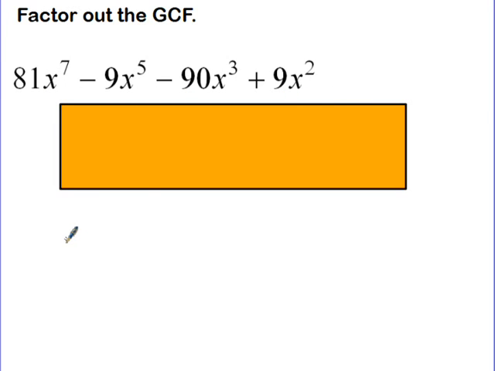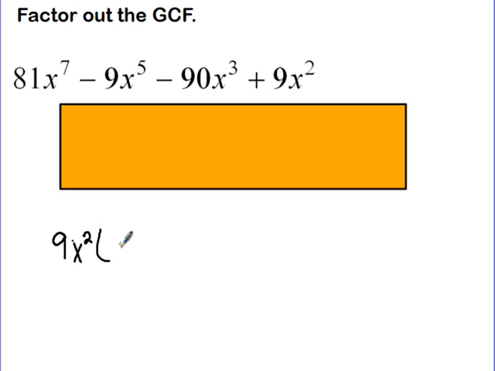The answer would be 9. So I would want to divide a 9 out of all the terms. If here I have x to the 7th, here I have 5 x's, here I have 3, I have 2, the most I could take out would be 2 of them. So the GCF would be 9x squared.